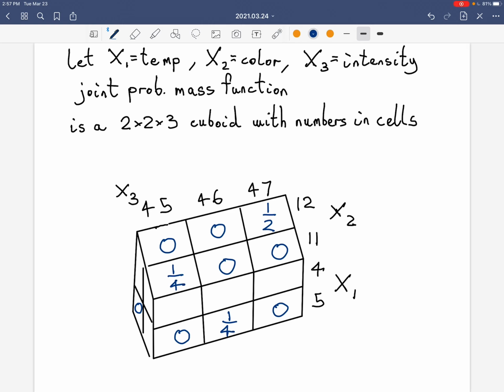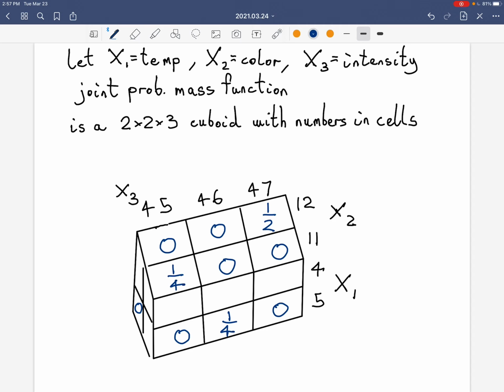And I've been able to label 10 of them. There's 2 cells which are hidden in the back. And I haven't been able to indicate the labels for those 2 cells. They're both 0. So if you assume the 2 cells hidden in the back are both labeled 0, you get 12 labels for the 12 cells in these cuboids.